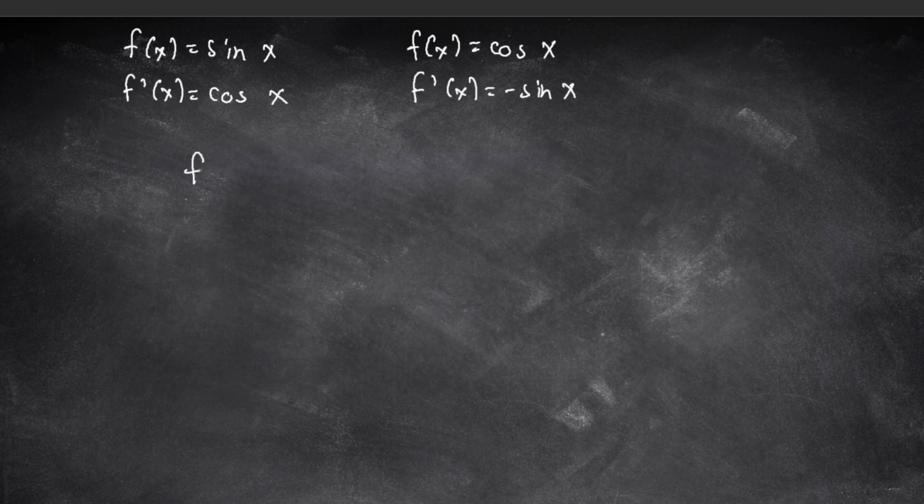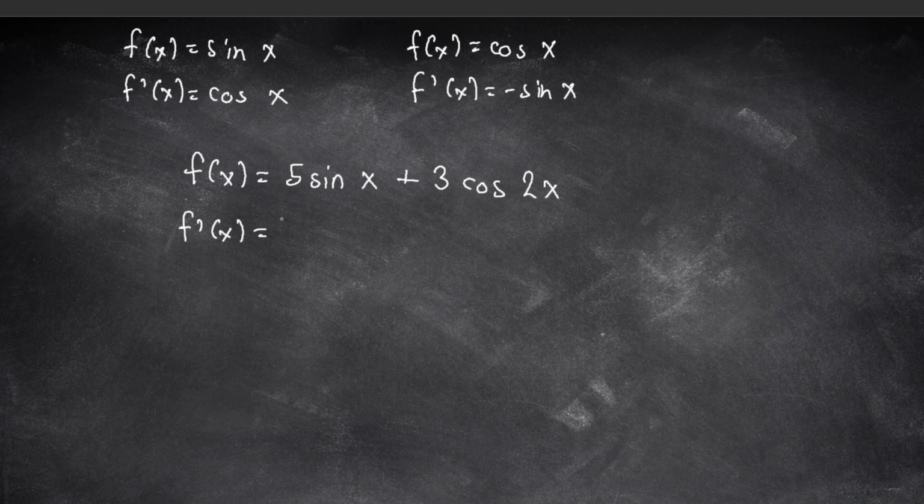I'm just going to do something simple with sine of x. So let's say 5 sine of x plus 3 cosine of, let's say, 2x. So we take the derivative of this. 5 is a scalar, so we just leave it alone. The derivative of sine is cosine. 3 is a scalar, so we leave it alone.